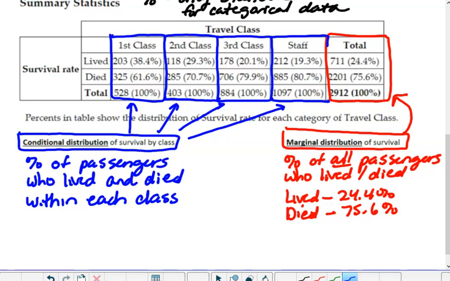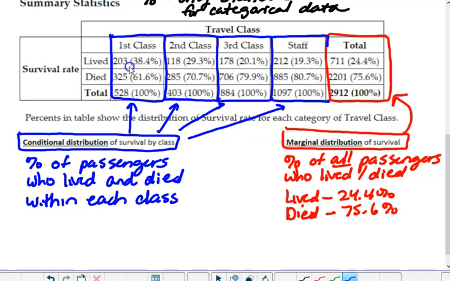Now this gives us different information than just the marginal total. It breaks it down and it lets us know different things. So is survival status affected by what class the passengers were in? It appears to be so. We notice here almost twice as many survived in first class as in the staff, or even in third class.